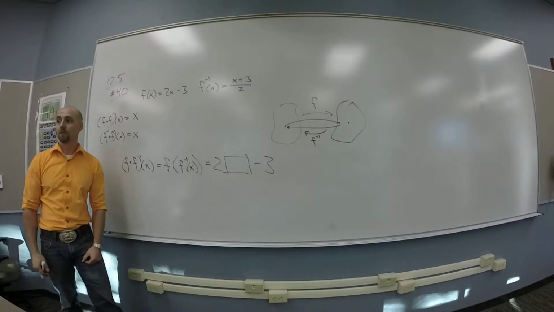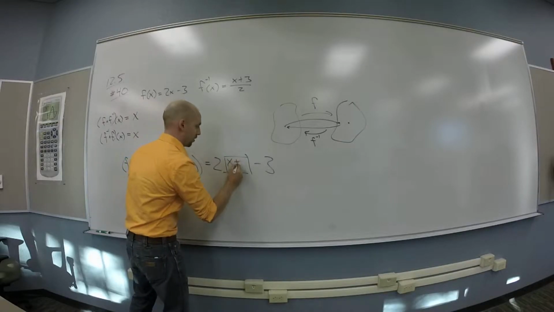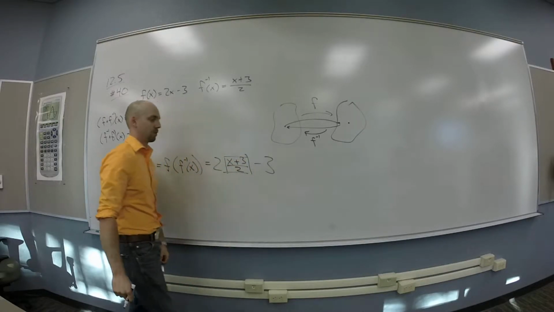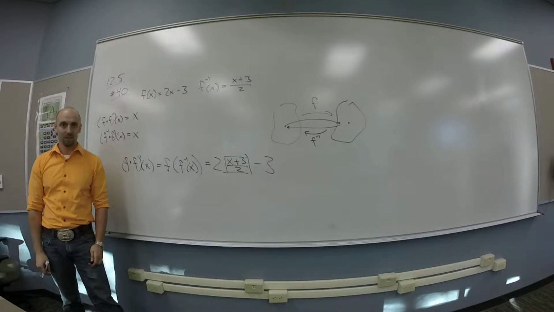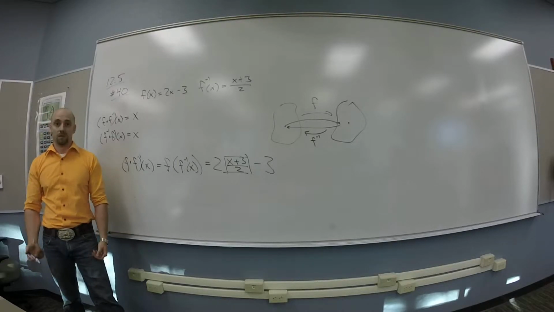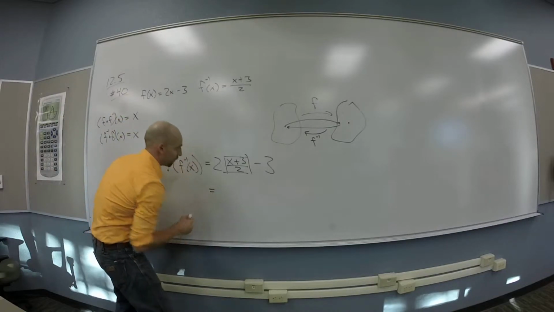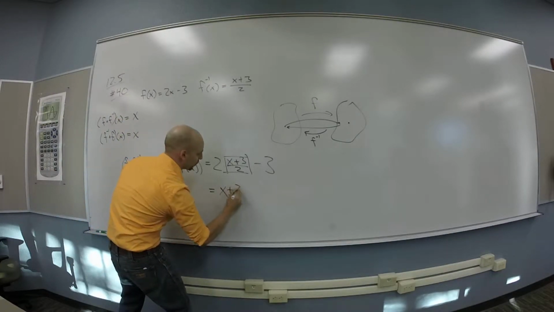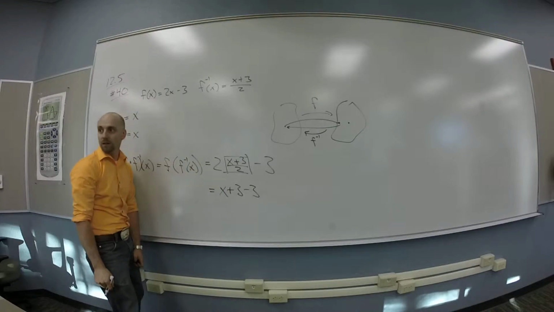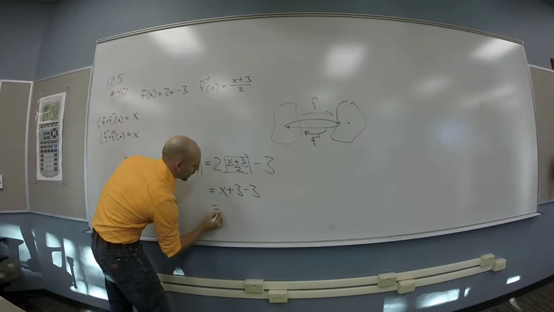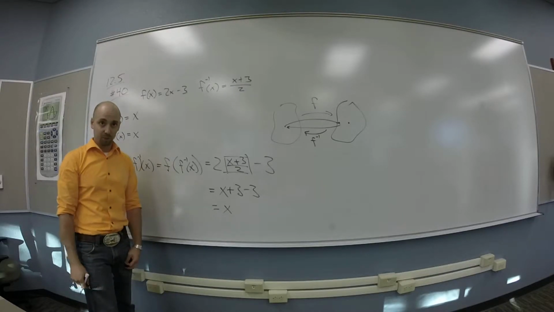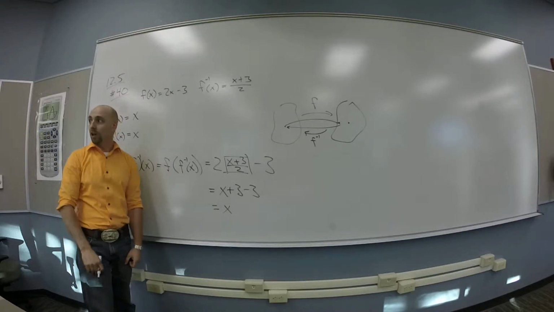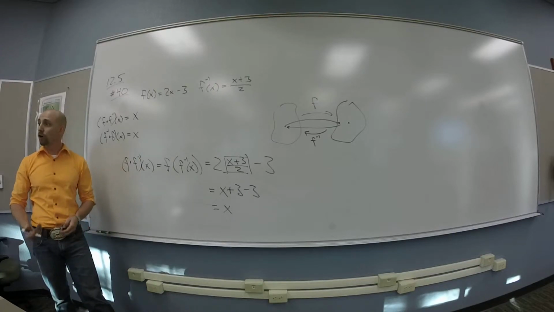X plus 3 over 2. Okay, so then what? Cancel the 2's, cancel the 3's. First, I cancel the 2's, so I get x plus 3 minus 3. Then the 3's cancel, I get x. If I do it the other way, similar things will happen, because a function and its inverse should undo one another.